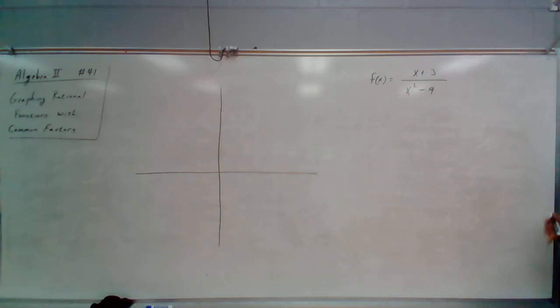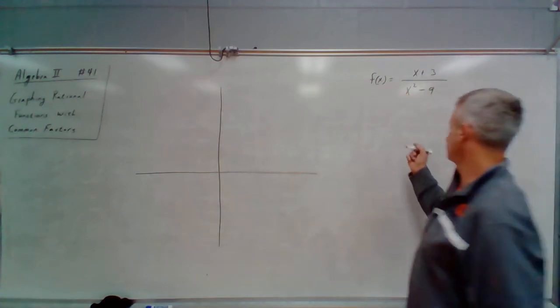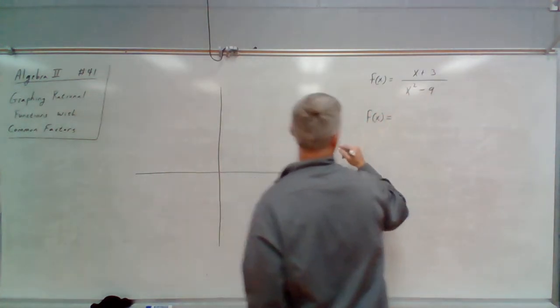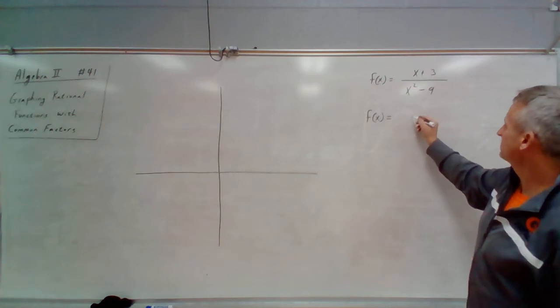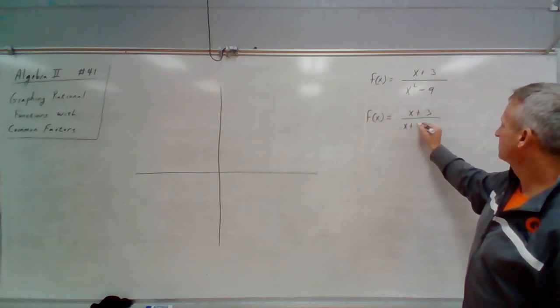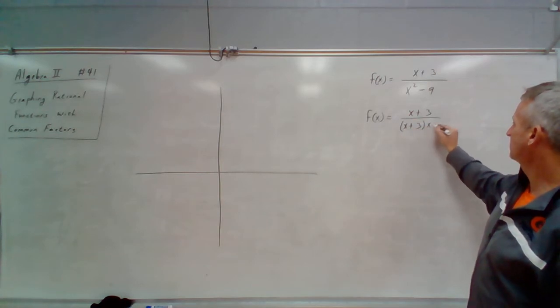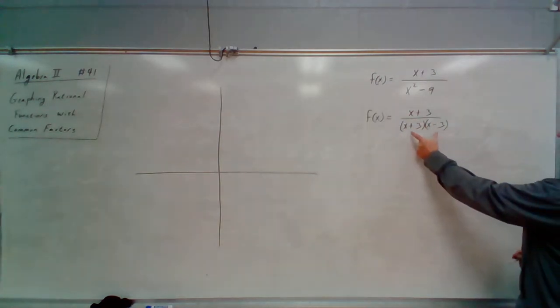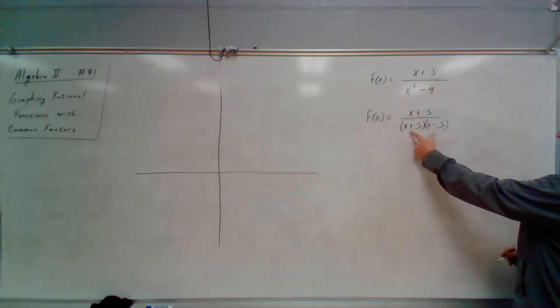All right, so we should factor anything that we can factor. So I notice that the denominator is a difference of squares, so it's going to factor as two conjugates, x plus 3 and x minus 3. Okay, so right off the bat, I know that I'm going to have vertical asymptotes.